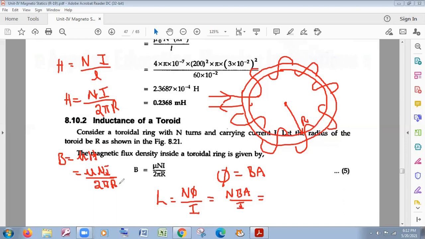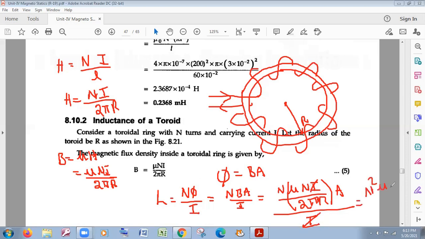Mu NI by 2 pi r, which we got. Substituting, N into mu NI by 2 pi r into A by I. I gets cancelled, and N into N becomes N square mu A by 2 pi r, which is the inductance of the toroid ring.